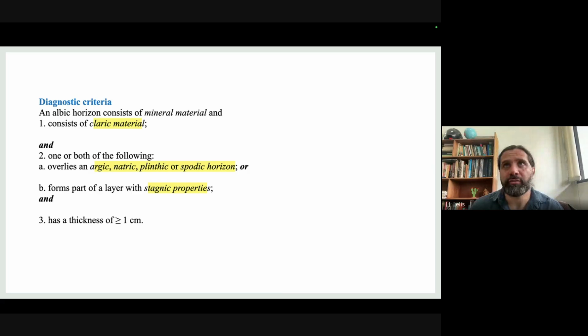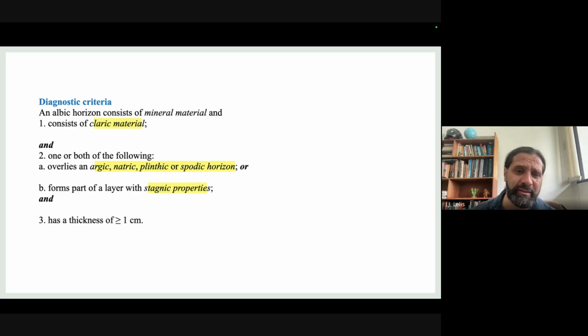So you need to think about the horizon whose colors are connected to the sand, not to the clay or silt fractions. Okay? And we need to find one of these A or B statements: that this Albic horizon is over an Argic, Natric, Planic, or Spodic horizon. So one of them, okay?